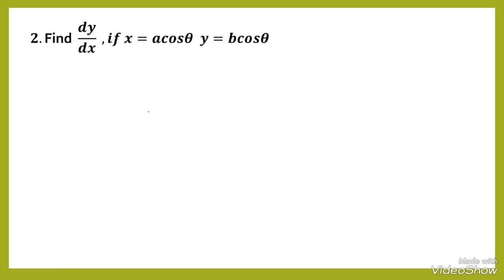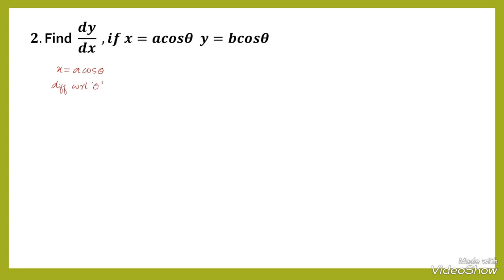Let's move on to the next problem. Find dy by dx if x is equal to a cos theta, y is equal to b cos theta. First, let us consider x is equal to a cos theta. Differentiate with respect to the parameter theta.